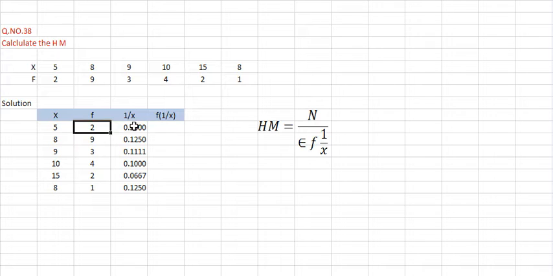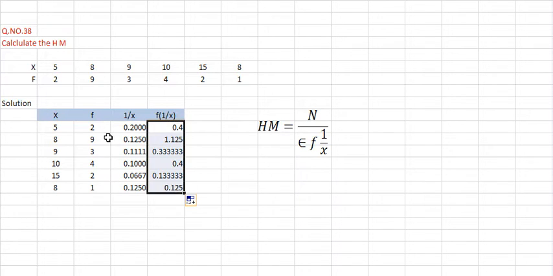So multiply 2 into this one, and you will get f into 1 by x. In the same way, multiply all the numbers: 9 into this one, 3 into this number, 4 into this number, 2 into this number, 1 into this one. You will get the values.